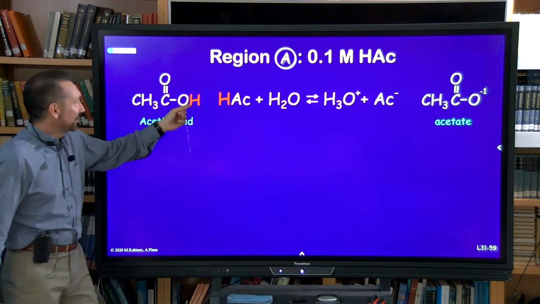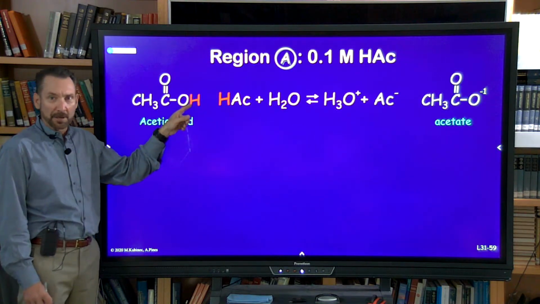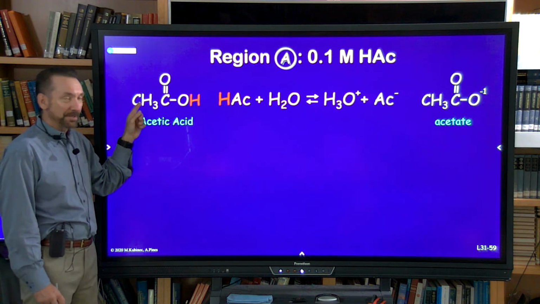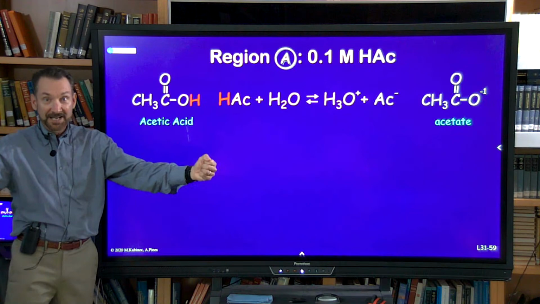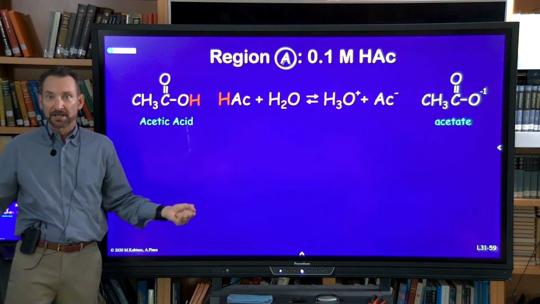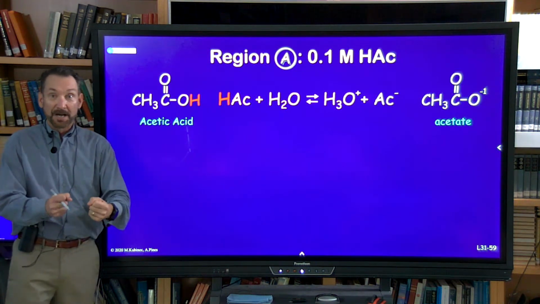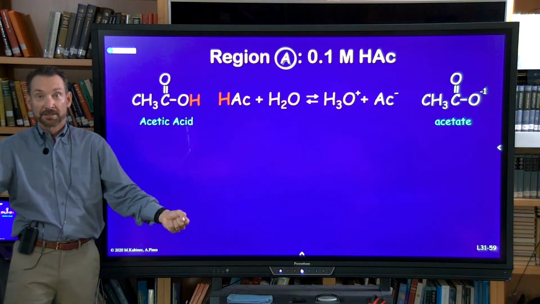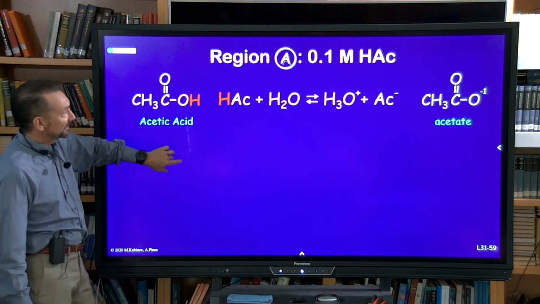It has just this one acidic proton, has lots of hydrogens. Only this one comes off. These on the carbon don't come off. This is an acidic proton. It can dissociate. Carbon-bound hydrogens don't dissociate in general in water. So that's an acidic proton. Oxygen-bound protons do dissociate in water. So that's acetic acid.